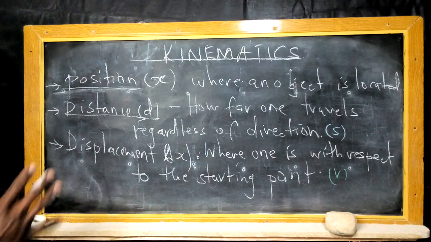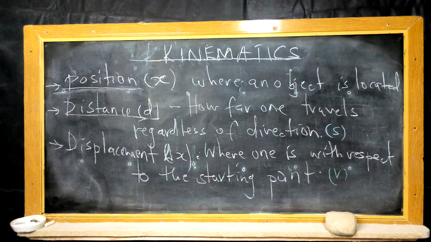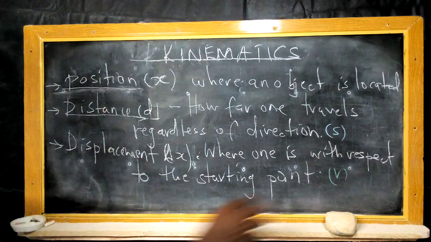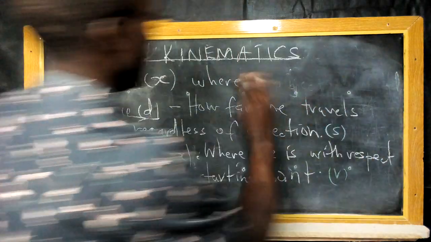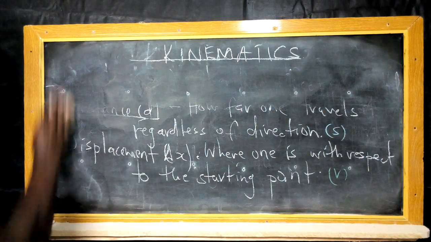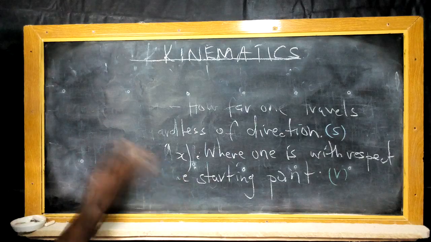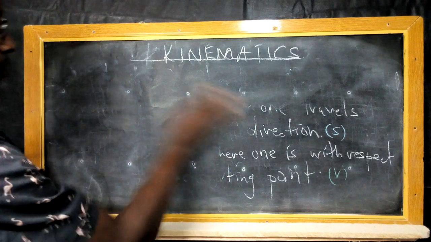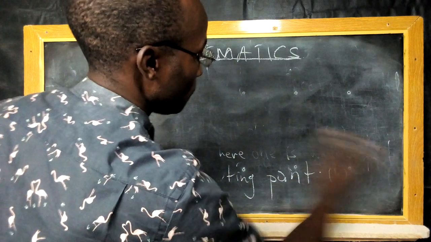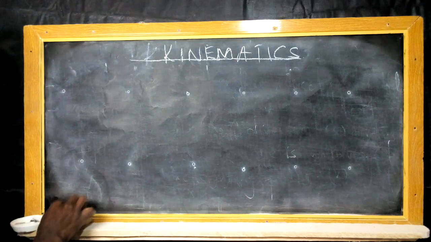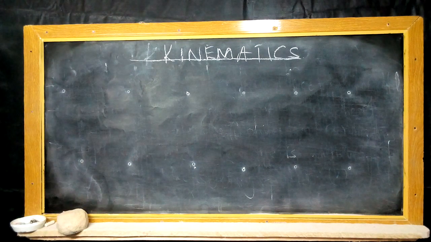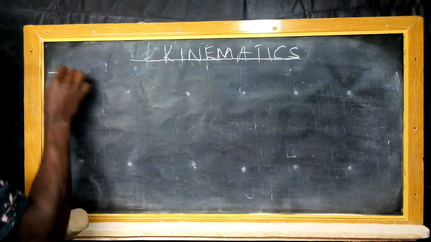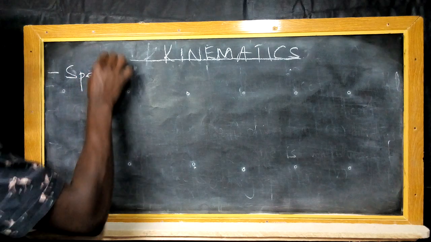As we have seen, these are some of the terms that we have defined, and we're going to continue finding other terms until we exhaust the ones which are relevant in our discussion for today. So as we have defined displacement, let's look at another term known as speed.